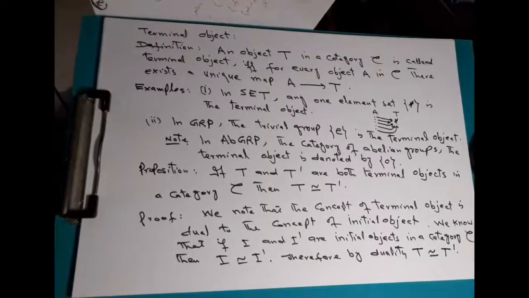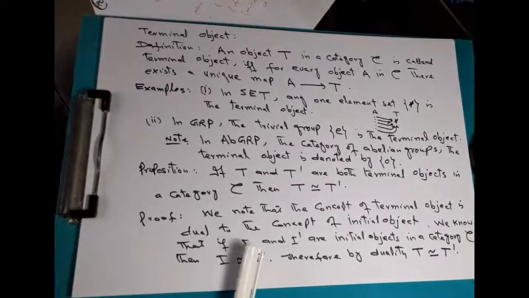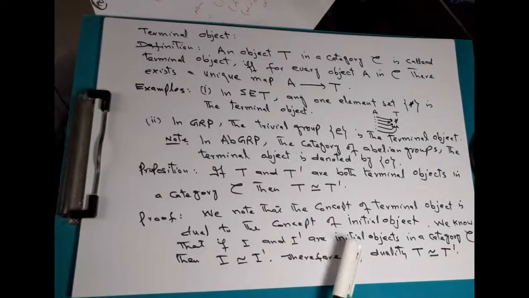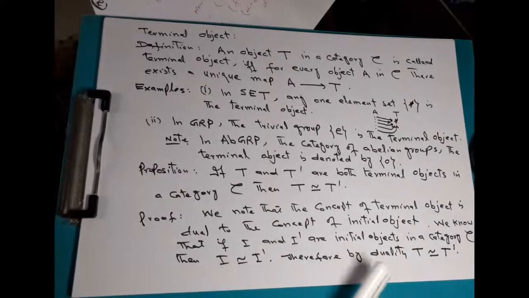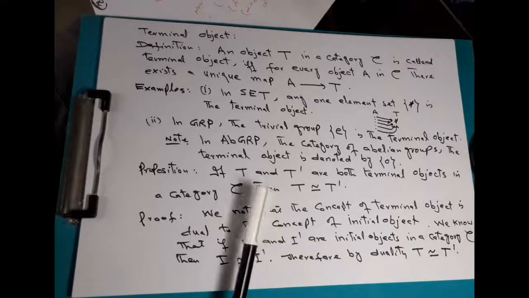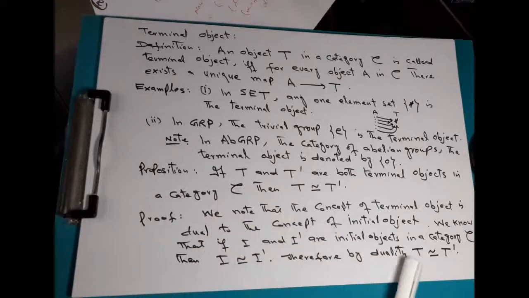Since if I and I dash are initial objects, then I and I dash are isomorphic, and the concept of terminal object is dual to the concept of initial object, therefore, by duality, if T and T dash are terminal objects in a category C, then they are isomorphic as well.